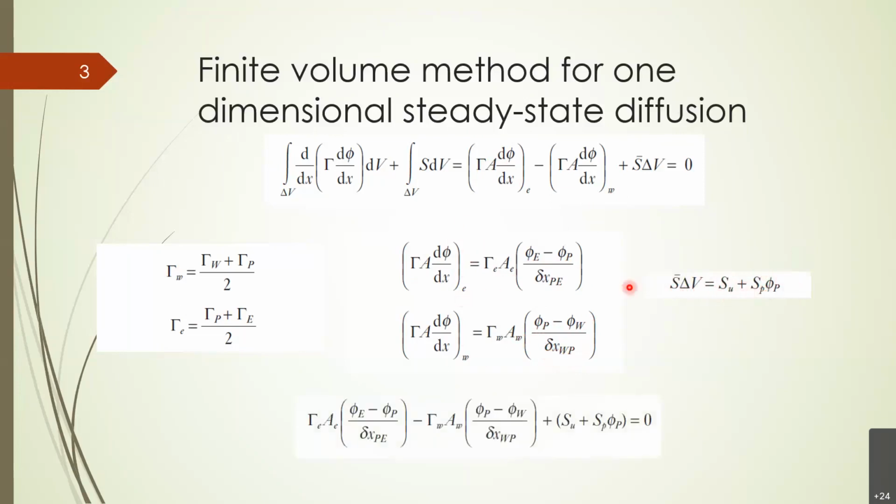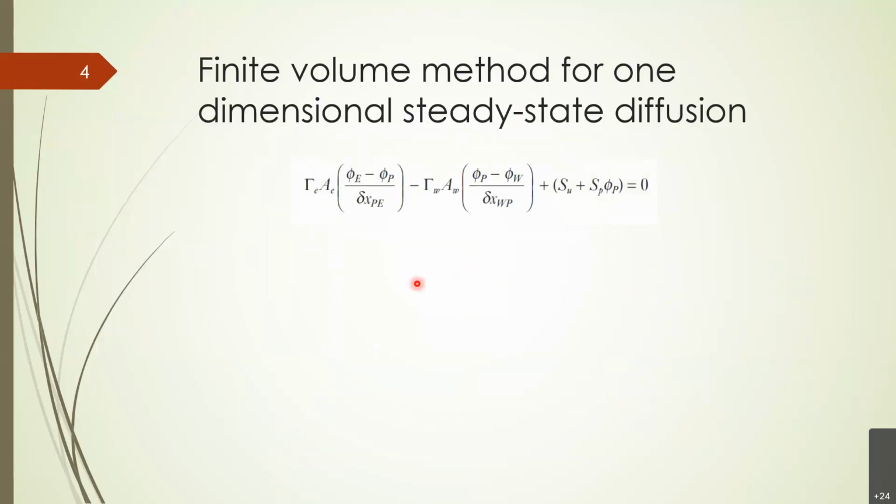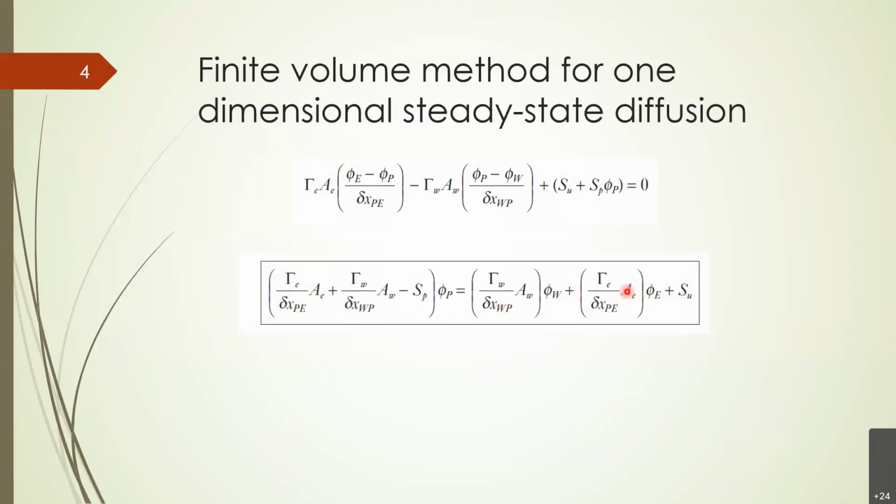So at the end, if we take all these equations and replace them here, it will give us the final equation, gamma e Ae, theta capital E minus theta P, and the rest of the equation. If we rearrange the equation, we will get this equation with everything represented.